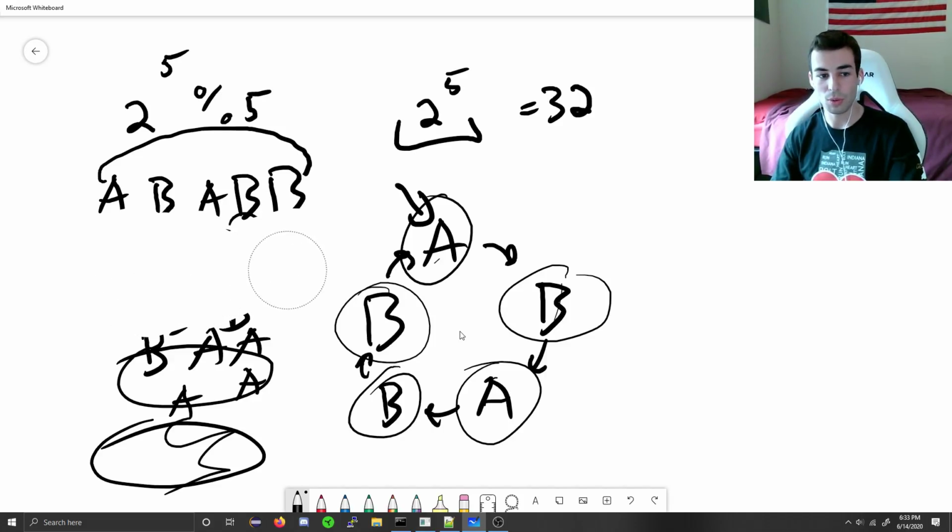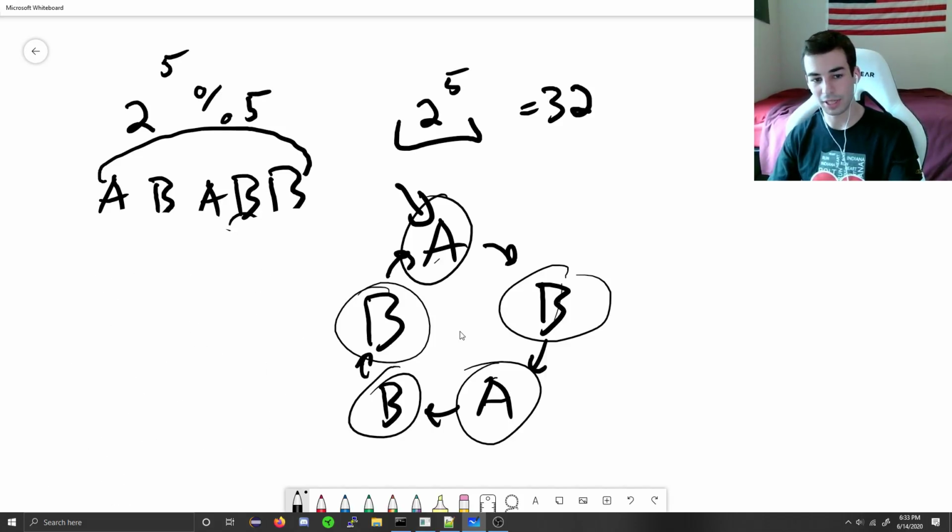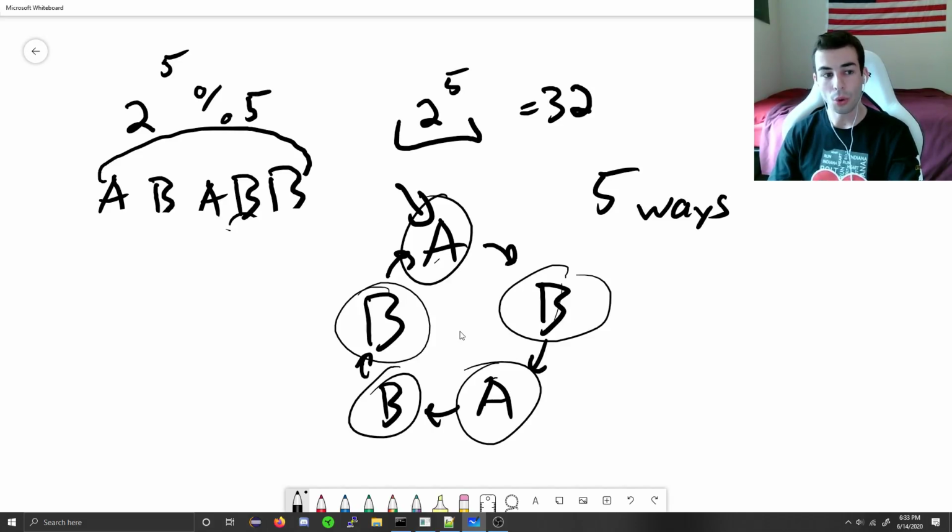We have all of these different ways of identifying necklaces, but the important part is each one has 5 ways of turning it into this string of 5 letters. And that means that the total number of these possible strings is a bunch of these groups plus the 2 that we removed. And those 2 that we removed are all A's and all B's.